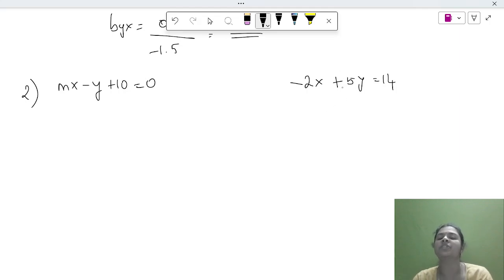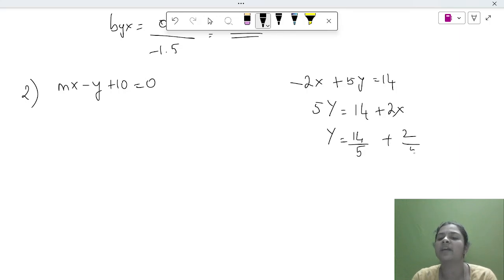So keep whichever has the higher value on the left side. So keep 5y on the left side. You will get 14 plus 2x, or y is equal to 14 by 5 plus 2 by 5 x. So what is this equation? This is y on x and the regression coefficient byx is equal to plus 2 by 5.